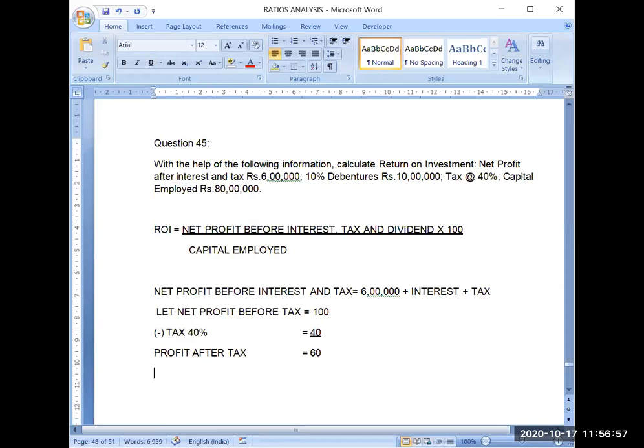Now, if I want to calculate profit before tax, meaning 100, I will keep it in the numerator. And profit after tax I know, that is given as 6 lakh. So with the help of these numbers, I will be able to calculate net profit before tax, which is equal to 100 multiplied by 6 lakh and divided by 60.